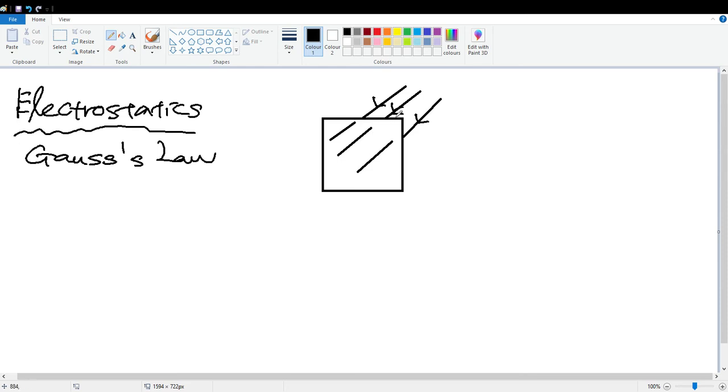We know that the electric field is represented as electric field lines.